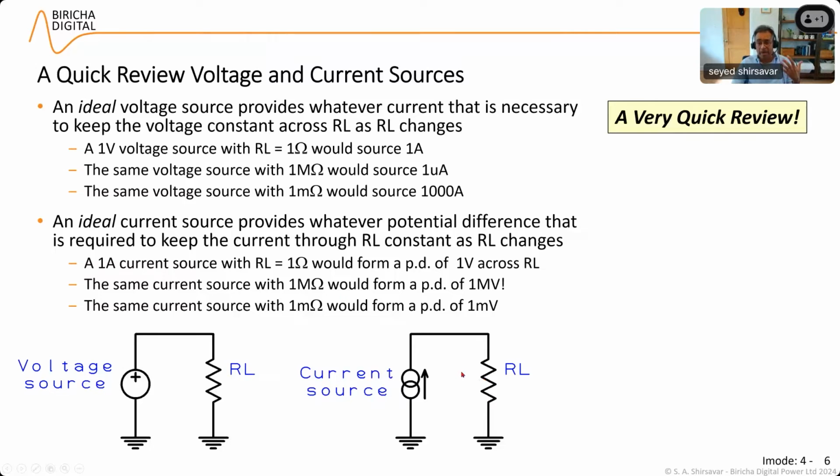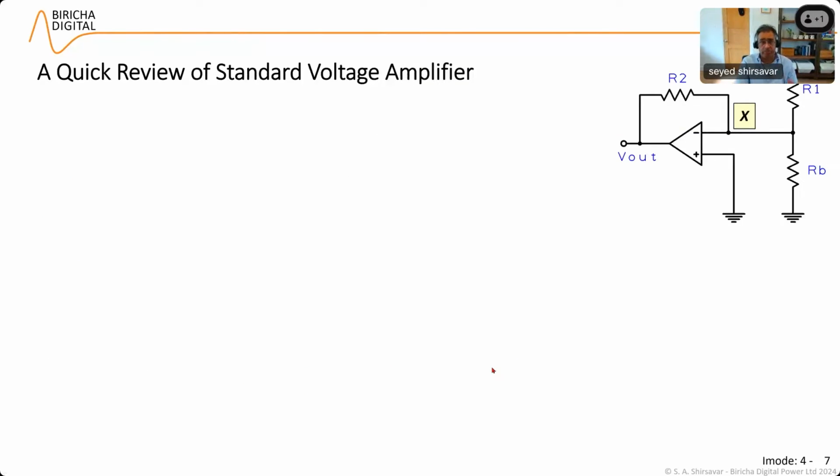If you've got 1 megaohm, an ideal current source will give you 1 megavolt in order to get 1 amp. And if you've got 1 milliohm, it will create 1 millivolt in order to get 1 amp. So you can see that it's just a constant current regardless of the load. However, the voltage changes.